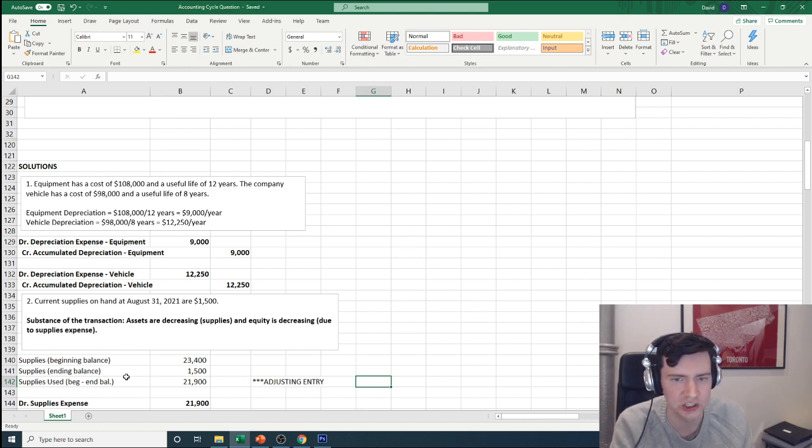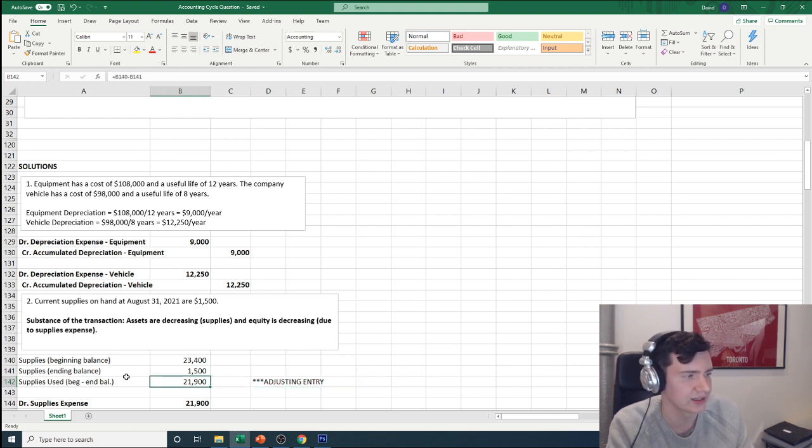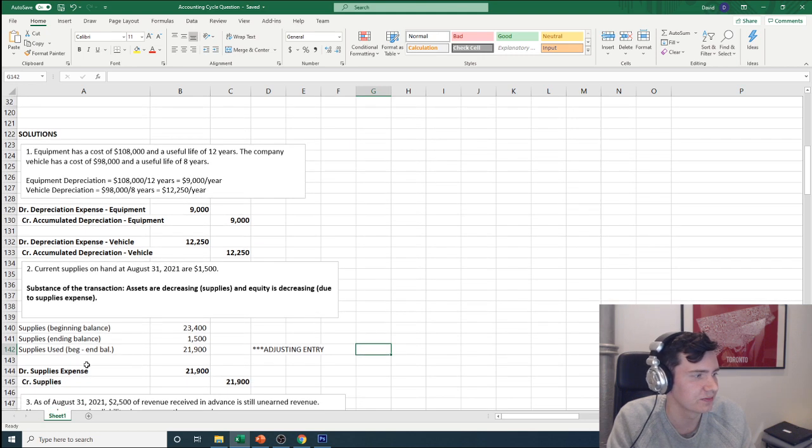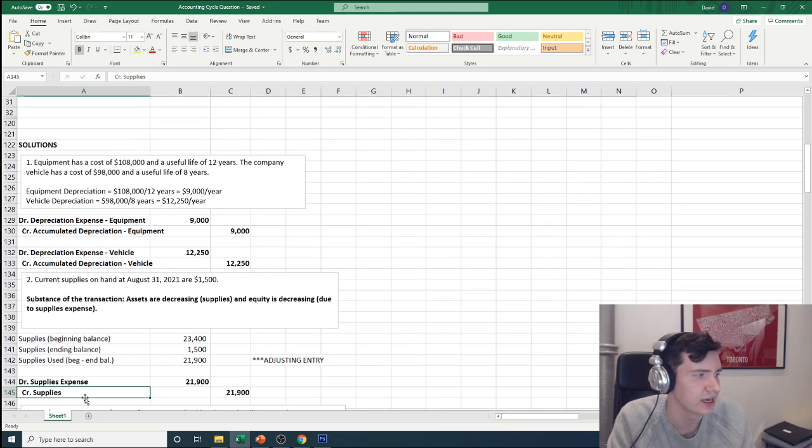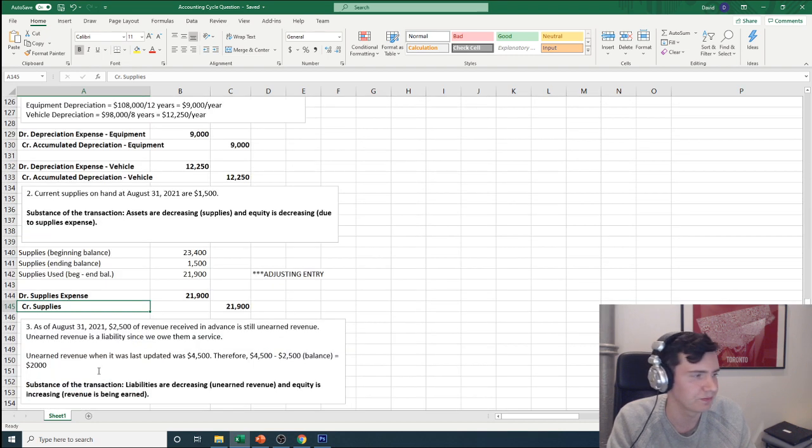We want to show the adjustment, the use of the supplies, and 21,900 of supplies are being used. So we're going to show that by expensing: we're going to debit supplies expense 21,900, and we're going to credit supplies by 21,900. So that's just a way to accrue the supplies expense.